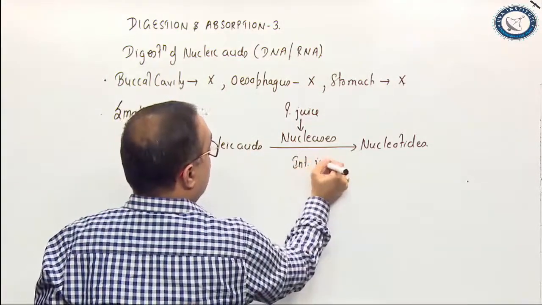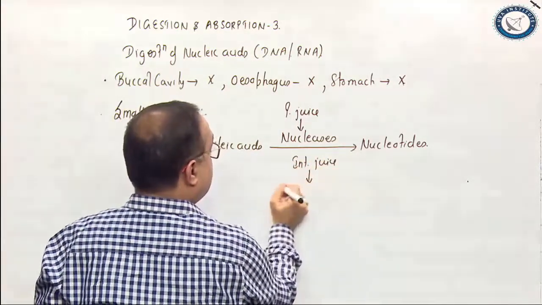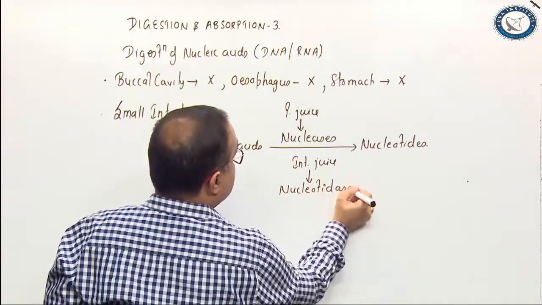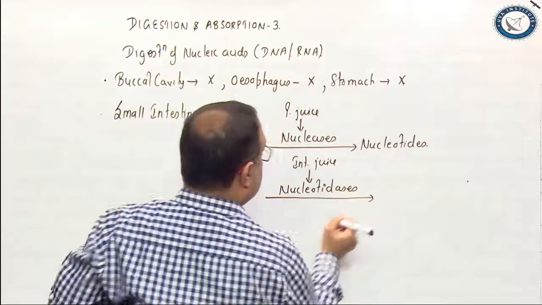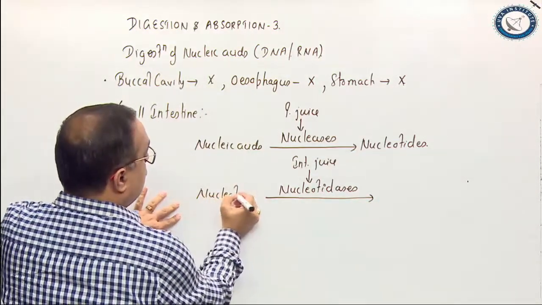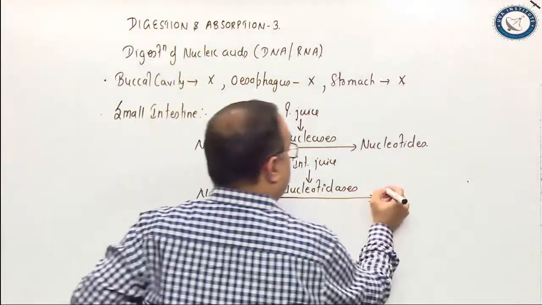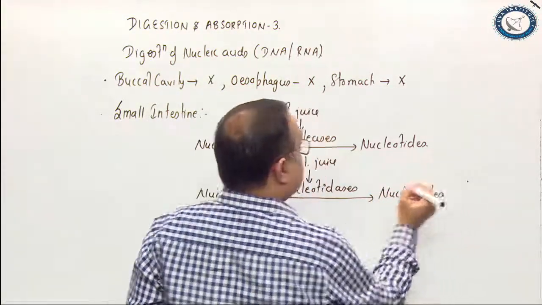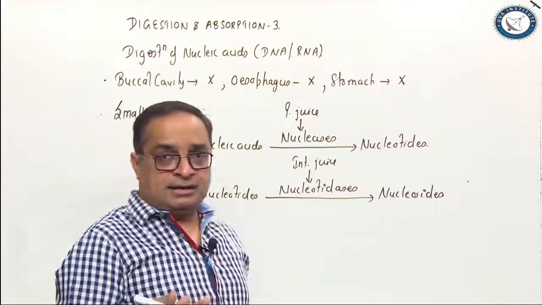Intestinal juice has the enzymes called nucleotidases. The nucleotidases will act on nucleotides and break them into nucleosides, right, and phosphate.